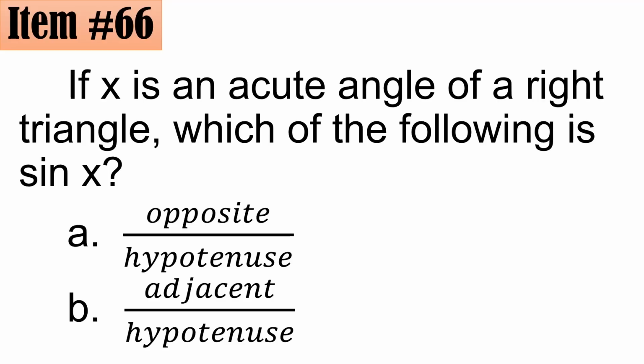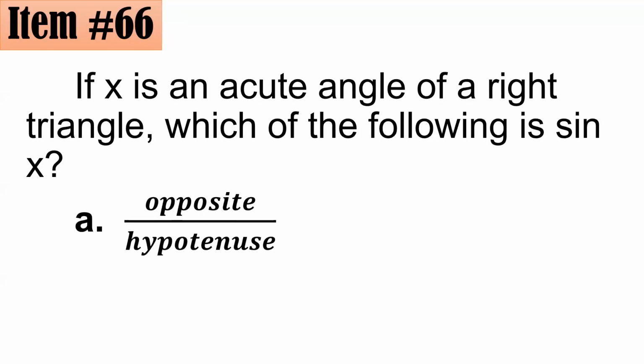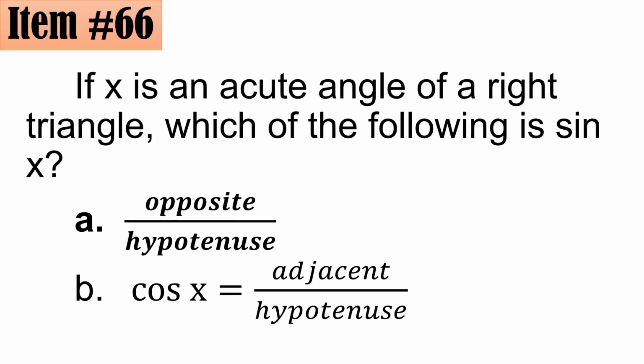If X is an acute angle of a right triangle, which of the following is sine X? Is it A, opposite over hypotenuse, or B, adjacent over hypotenuse? Sine X? Wow, letter A. And if you answered A, you again are correct. Because remember, meron po tayong SOHCAHTOA.